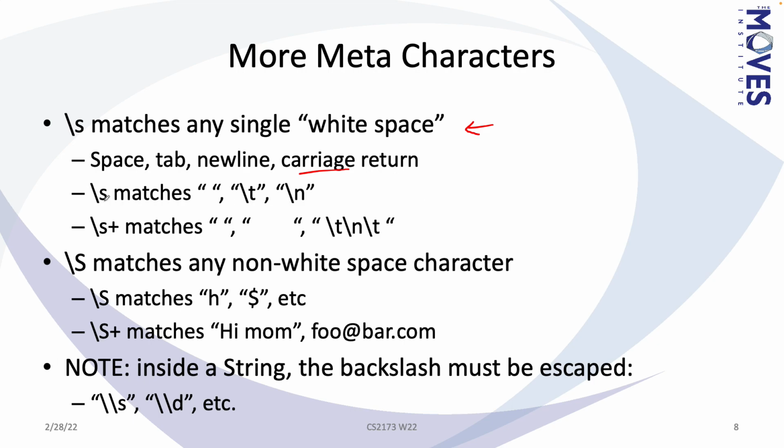Okay, so \s will match a space, a tab, or a new line, and there's a \r and other sorts of things. Now, this is where it can come in handy. A lot of times, in fact, I've encountered this in some of the databases that I've been working with for the Navy, they'll have databases and the entries will have a bunch of spaces in them.